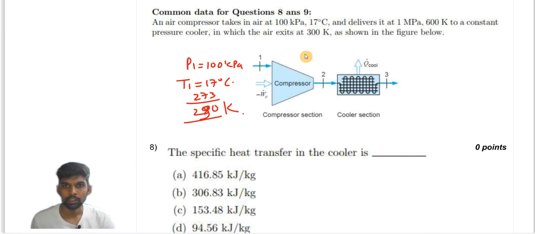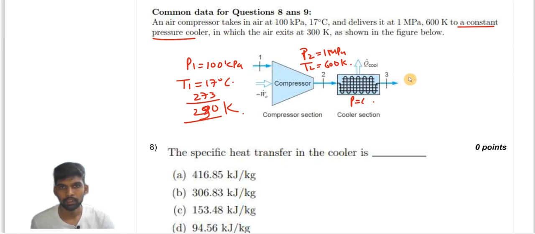Then it delivers it at P2 is 1 MPa, T2 is 600 Kelvin. Here pressure remains constant because they mentioned a constant pressure cooler in which air exits at 300 Kelvin. T3 is given as 300 Kelvin.